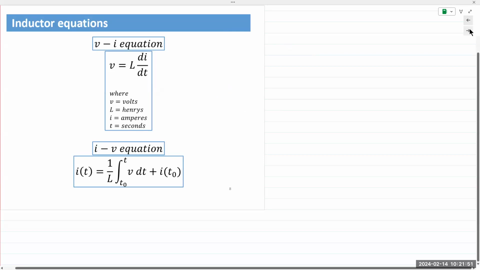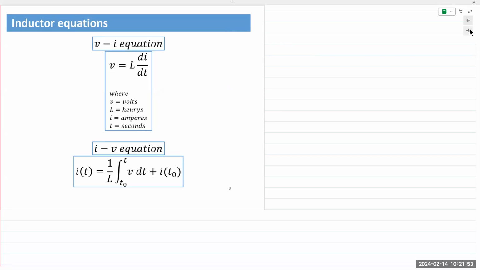The major equation that governs the voltage and current relationship is V equals L di over dt. Voltage is directly proportional to the rate of change of current flowing through that inductor. Remember, I said if current is constant through the inductor, then the voltage across that inductor is equal to 0.